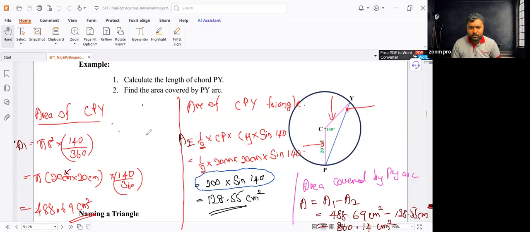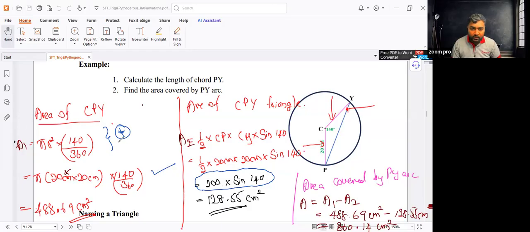In MCQs, it is okay, you can just get the direct answer. But when you are writing for an essay, you will get marks for this part. For this substitution, I don't think they will allocate marks, but for this step, definitely they will give marks.